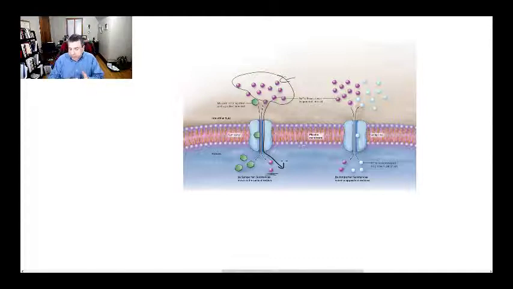Think of that movement as the water going over the dam. That provides the energy source for glucose to then enter the cell, because that requires energy. They're both moving in the same direction, therefore it's called a symporter.